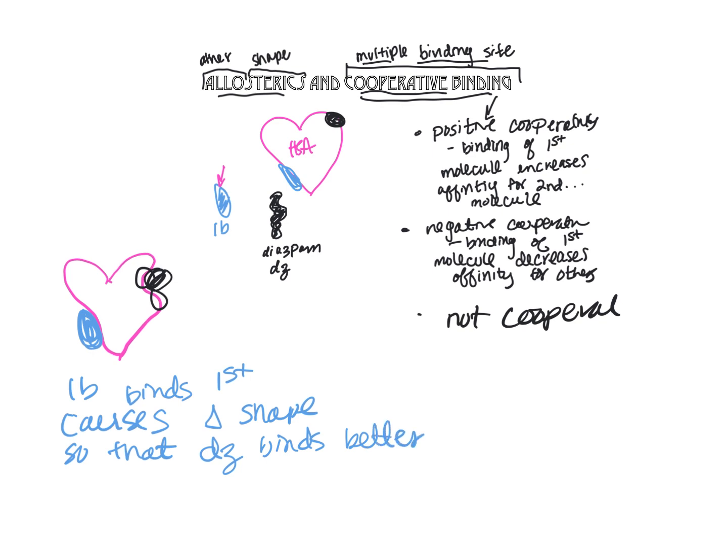So that means that they are cooperating. They are working together. The first one binds and it helps the second one bind better, and both are bound at some point at the same time.